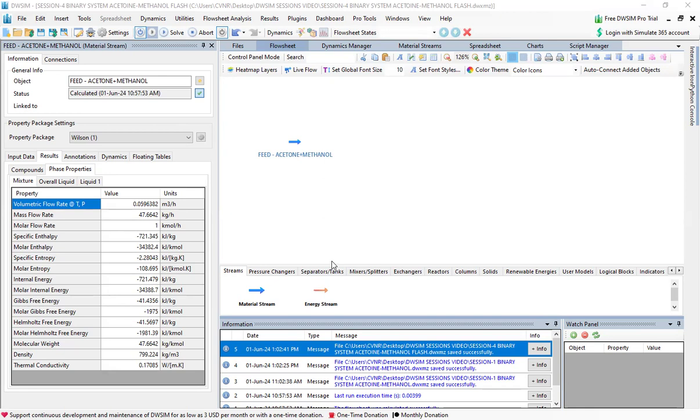We should be thankful to the inventor of DWSIM, who has given this tool to the entire world.